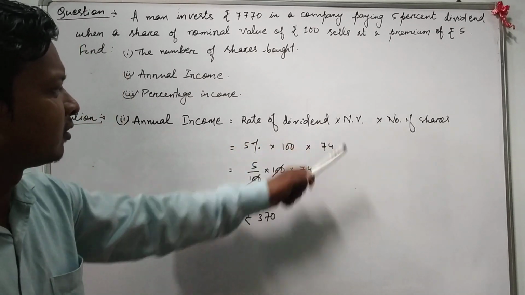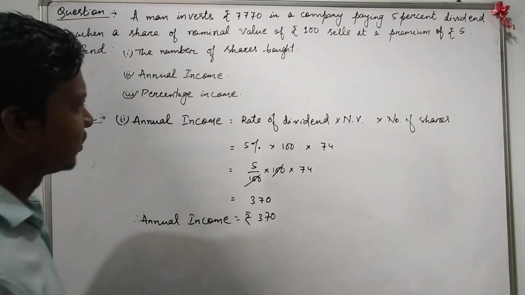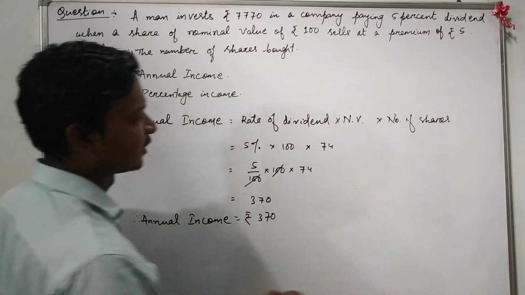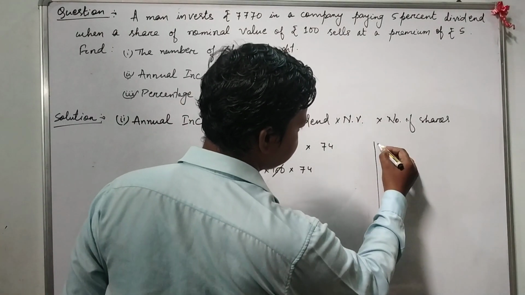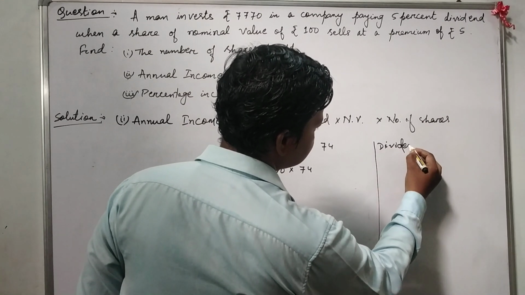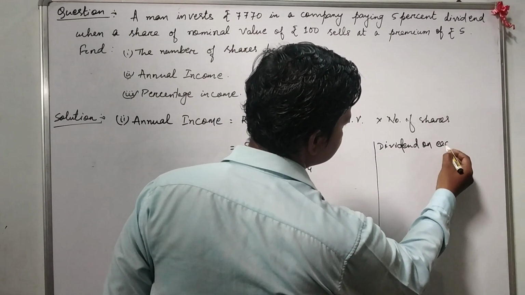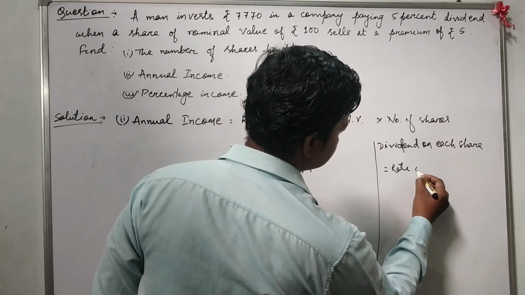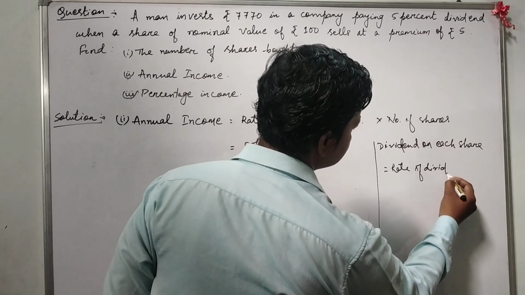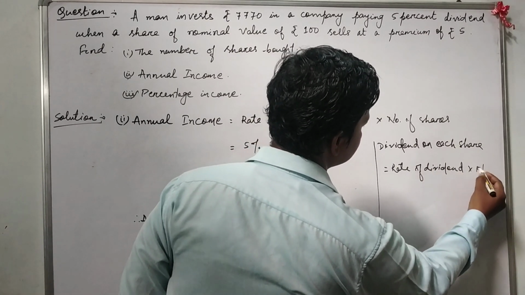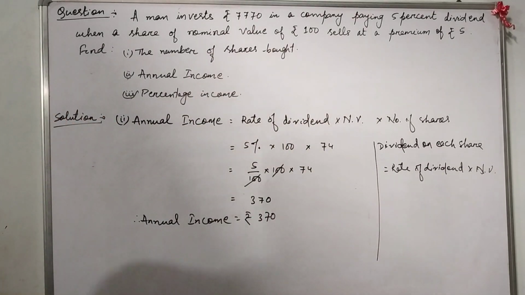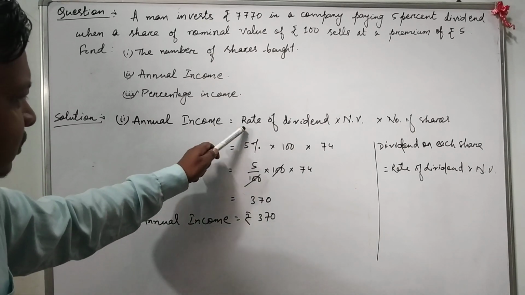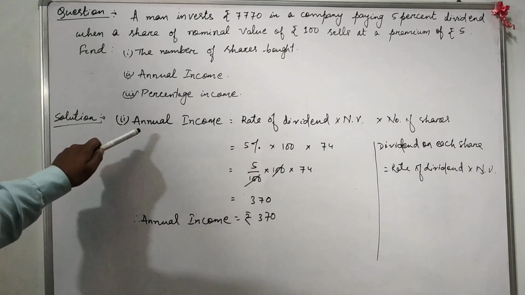Already I have told you the formula: dividend on each share is equal to rate of dividend into nominal value. This we have understood. So rate of dividend into nominal value into number of shares will give the annual income.